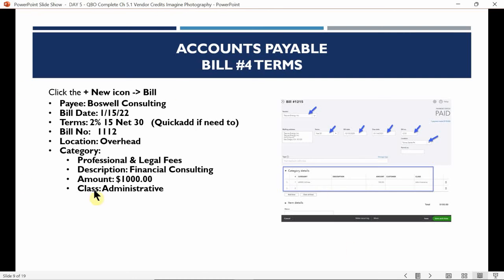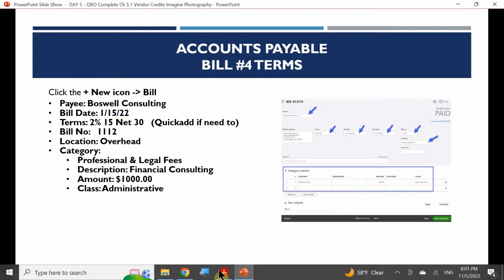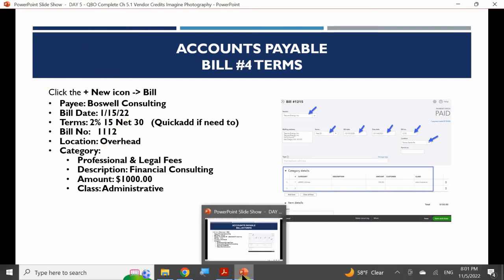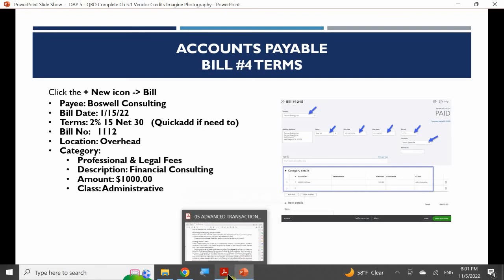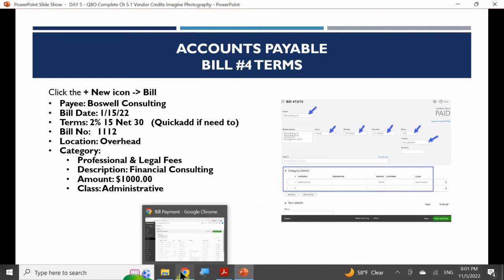So in this case, let's go ahead and record this bill first. Bill number 4 with discounted terms from Stephen Boswell or Boswell Consulting. Okay? So what I'm first going to do is enter in a bill. And I'm going to enter the bill in for the 15th of January. Okay?